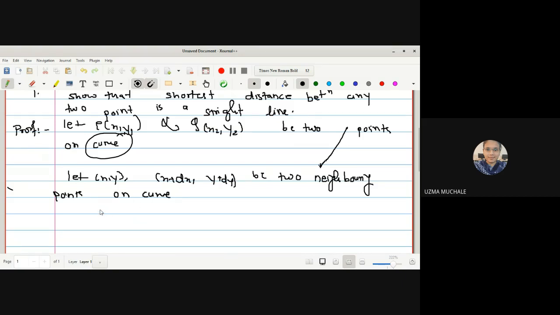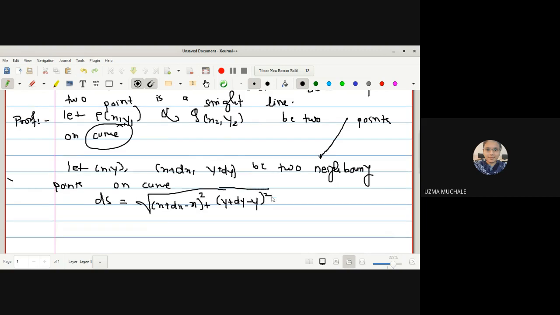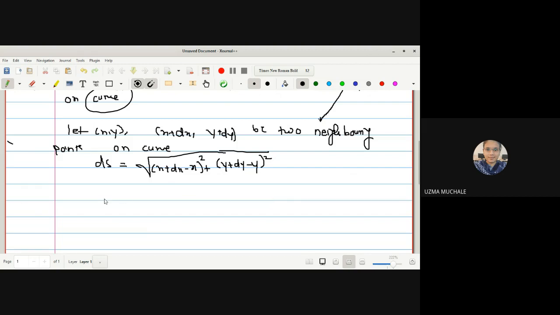If ds is a distance between the two neighboring points, then I can calculate this with the help of (x plus dx minus x) square plus (y plus dy minus y) square, right? So what is this total distance ds between the two neighboring points? I can say it is simply dx square plus dy square, right?